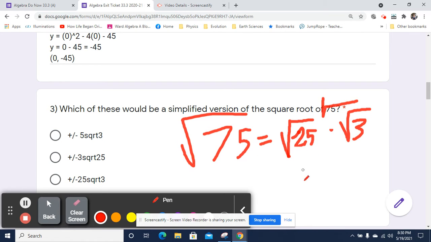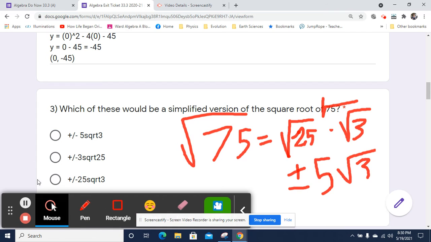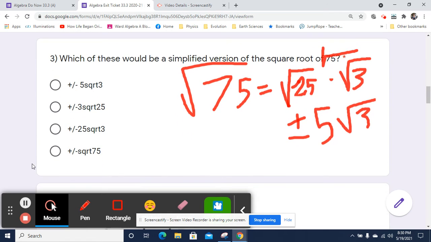We can get the square root of 25. It's going to be plus or minus 5. And 3 has to stay in square root jail. Poor 3. And so we're going to have plus or minus 5 square root of 3 right there.